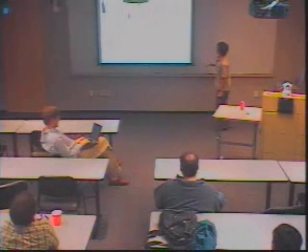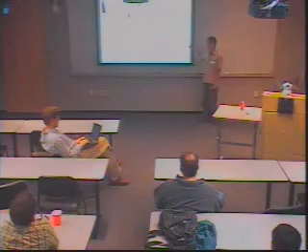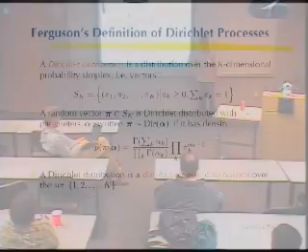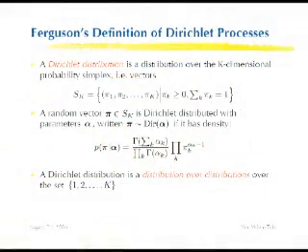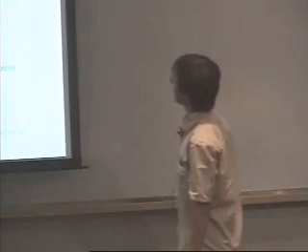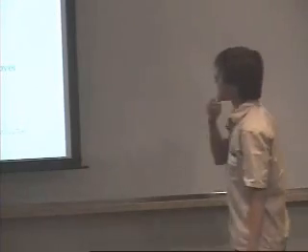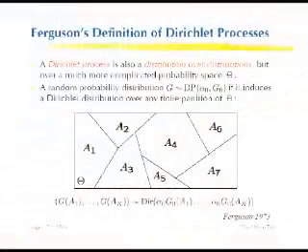This is called a Dirichlet process mixture model. You might ask, why is it called a mixture model? Because it doesn't seem that there are mixing components or clusters involved. This clustering appears in the definition of the Dirichlet process itself. I'll skip the actual definition of the Dirichlet process.